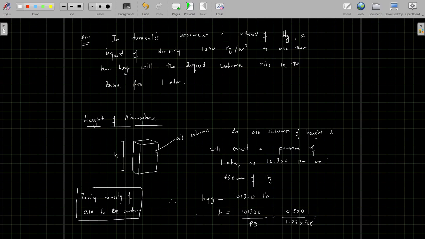So if I do this, I will get 101,300 divided by 1.27 into 9.8. That gives me 8139, approximately 8 kilometers. The height of our atmosphere is approximately 8 kilometers.